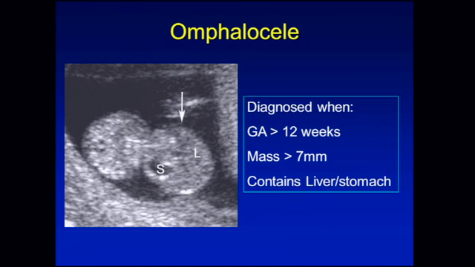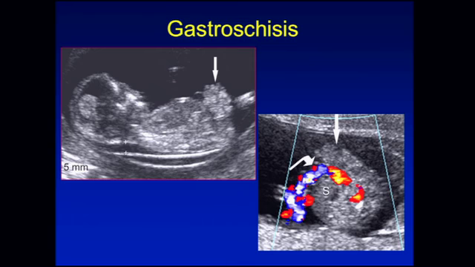Omphalocele should be diagnosed when the gestational age is more than 12 weeks, when the mass is bigger, more than 7 millimeters, and when it contains liver or stomach. In this fetus, we can see bowel loops herniated through a defect in the anterior abdominal wall, usually to the right of the midline. And we have a case of gastroschisis here.